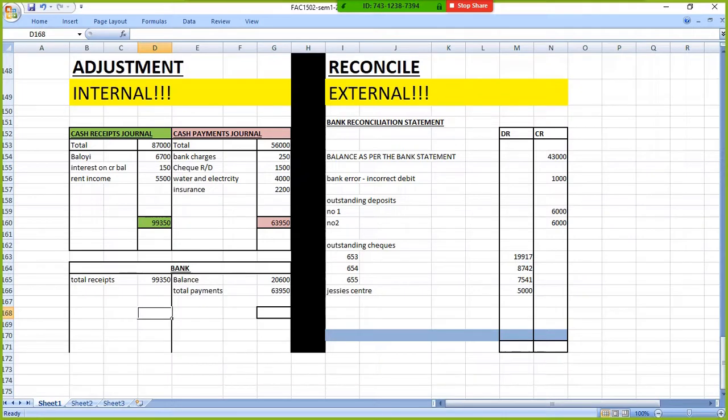Which side looks bigger? 99,000. 20 plus 63. The debit side. Correct. That does look bigger. Okay, there's the balance we're looking for.